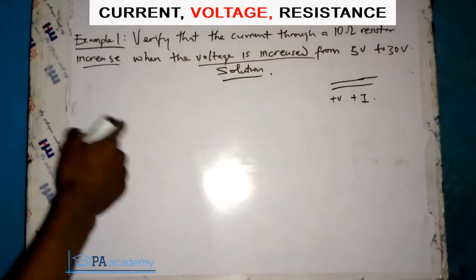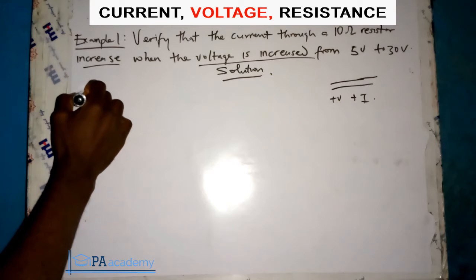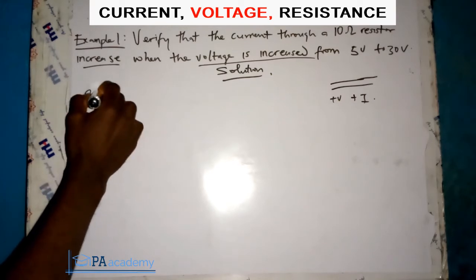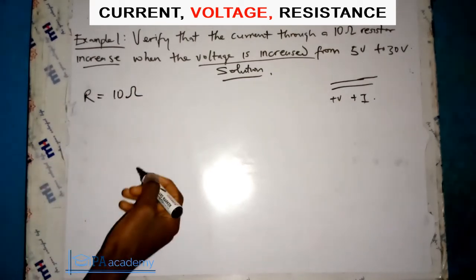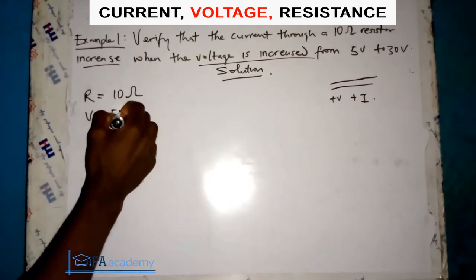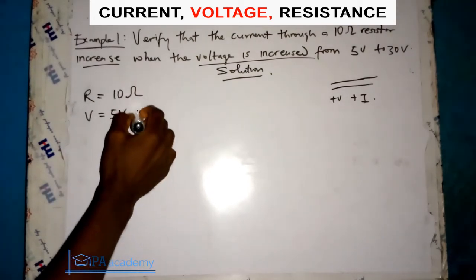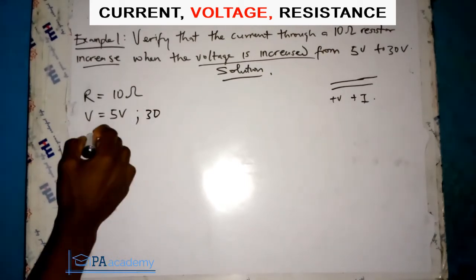So first thing, let's bring out the parameters. We are given that the resistance of the resistor is 10 ohms. And then we have the voltage to be 5 volts, and then it was increased. The initial voltage is 5, it was increased to 30. So let's look for the current.